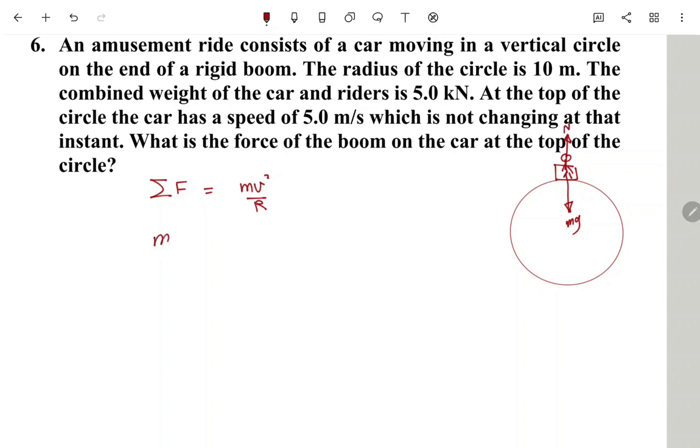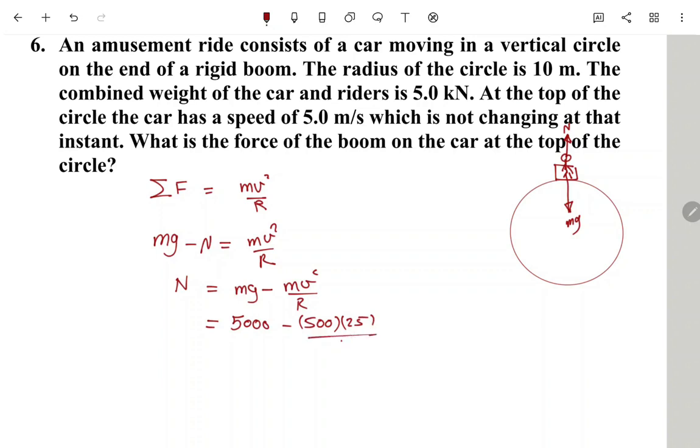So mg minus normal equal to mv squared over r. In this case, the normal, that's actually the force exerted by the boom on the car. It's equal to mg minus mv squared over r, and equal to 5,000 minus 500 times 25 divided by 10.